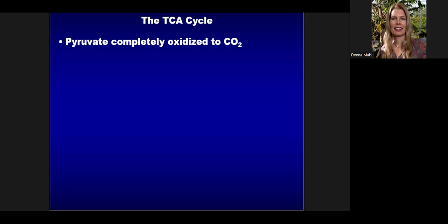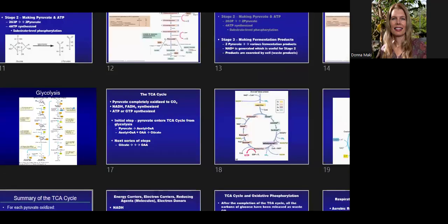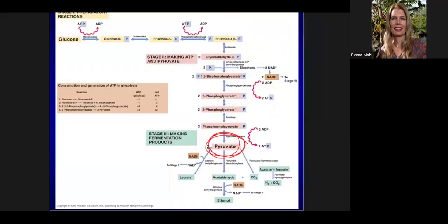If we go back to the stage 3 of fermentation, let me go back to the one I like. So these products, lactate, ethanol, acetate, formate, a little bit of CO2, but ethanol is not CO2. Lactate is not CO2.